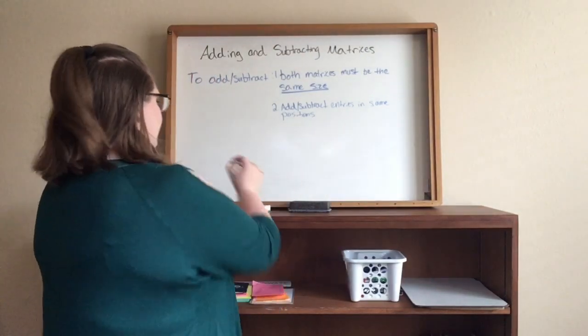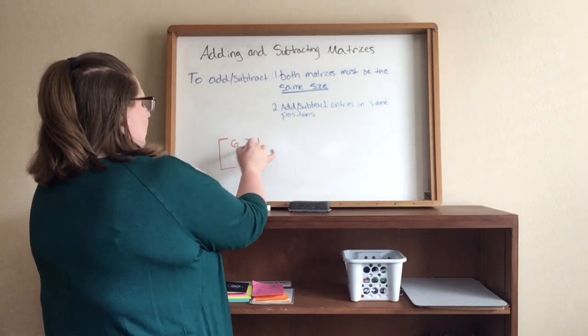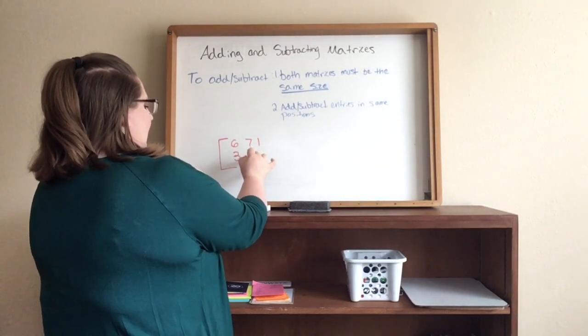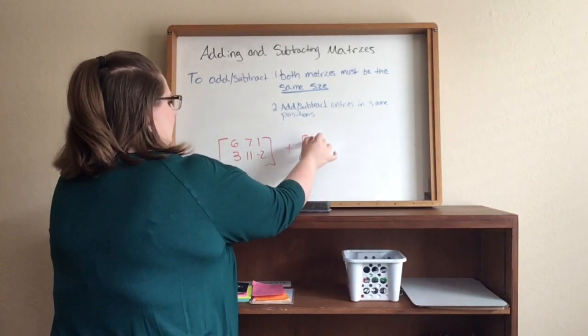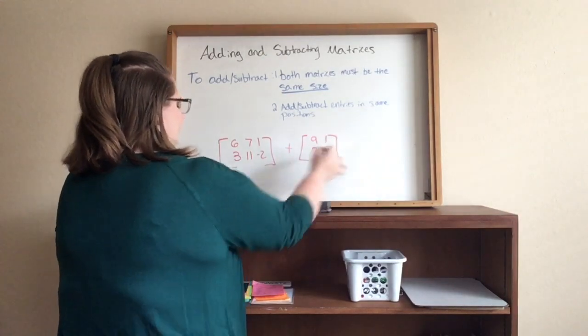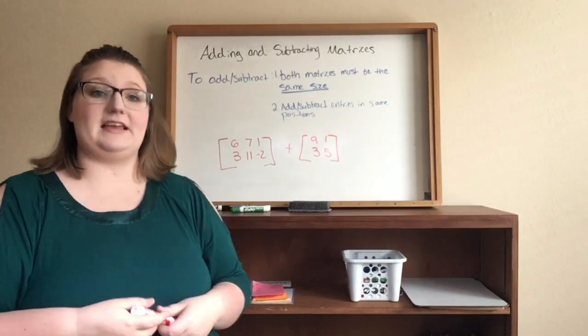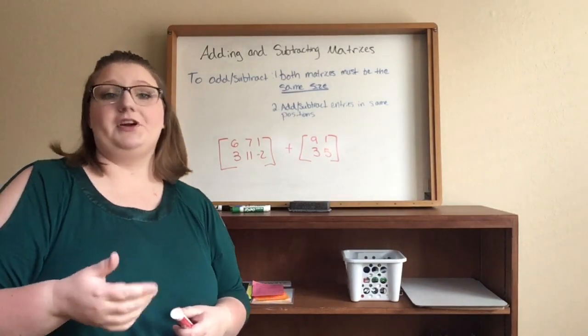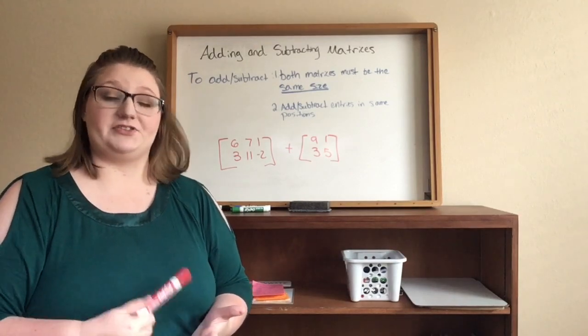So for our last example, we have the matrix 6, 7, 1, 3, 11, negative 2, plus 9, 1, 3, 5. I want to go ahead and try to add these matrices together. To add them together, this is why I have rule number 1. I need to check and make sure their sizes are the same.